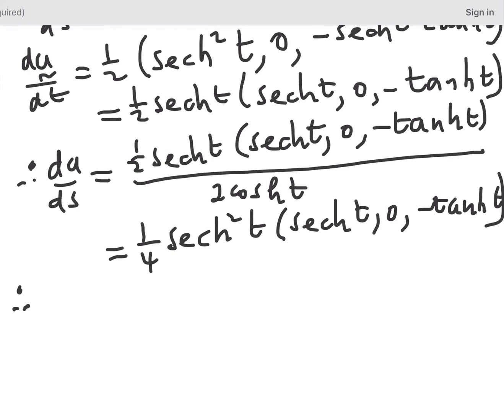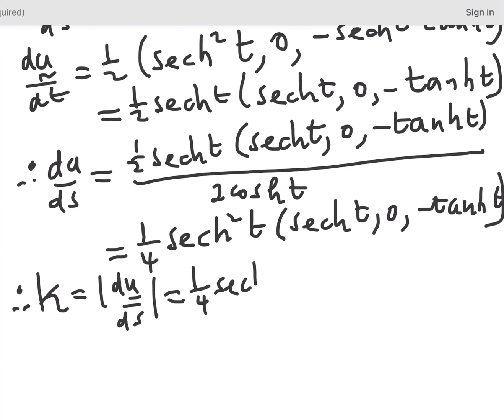So therefore, the curvature kappa, which is the mod of du ds, is equal to the quarter hyperbolic sec squared, which is positive, so that goes out as a factor, hyperbolic sec squared t.